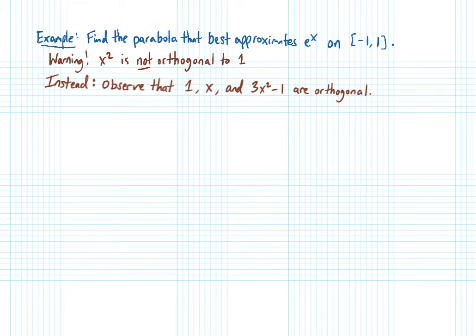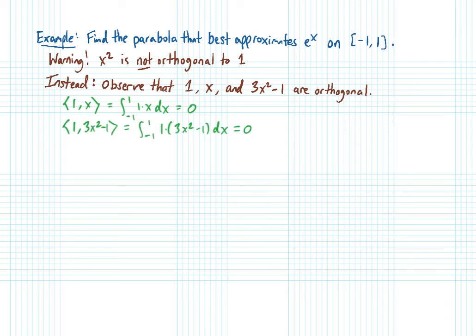But before we proceed, I should probably ask you to think about how you observe that these things are orthogonal. And to do that, you need to take inner products of all of them with each other. So for example, we'll do the inner product of 1 with x. That's going to be the integral from -1 to 1 of 1 times x dx. And when you calculate that integral, you'll get 0.